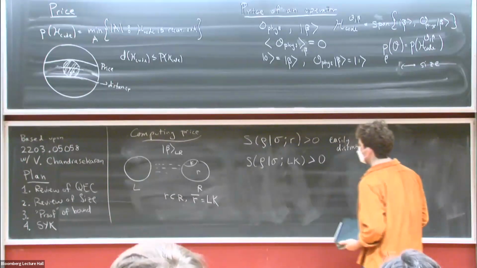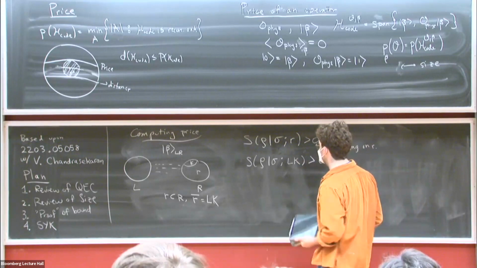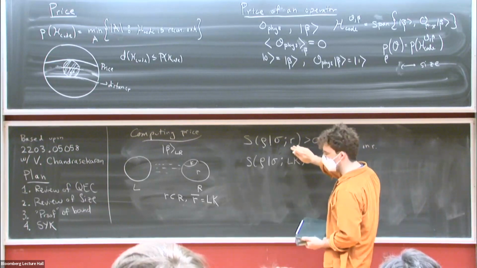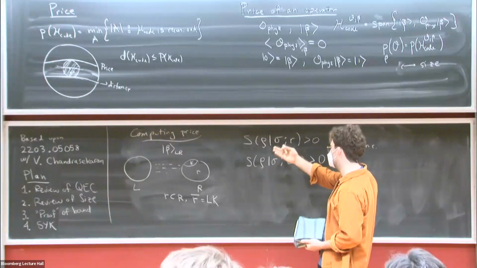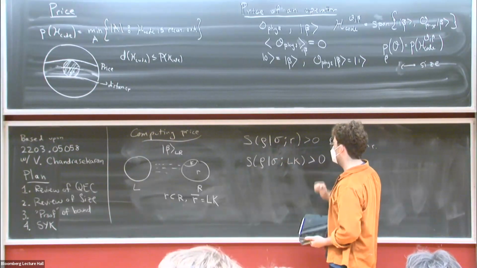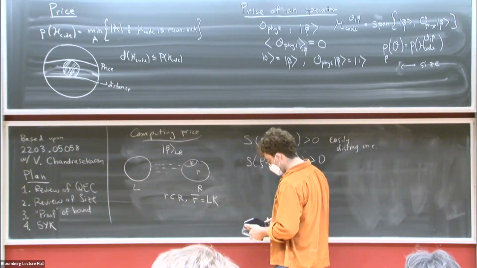So the information is, well, this isn't true what I'm about to say, but for the purposes of this talk, let me just say that when this is large and positive, you can reconstruct the difference between these two states on little r, and vice versa for L union K.